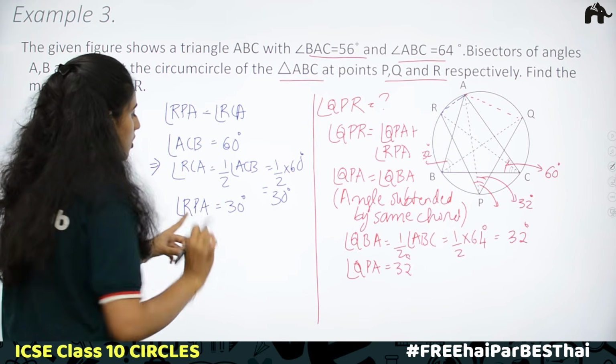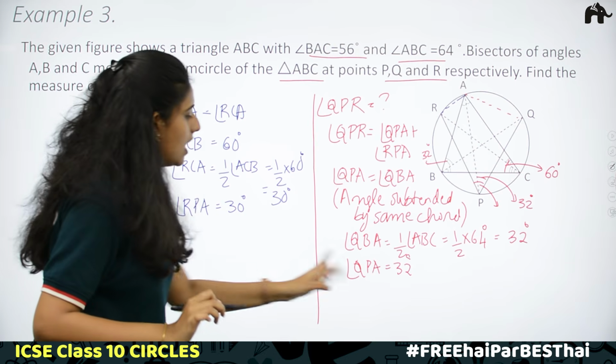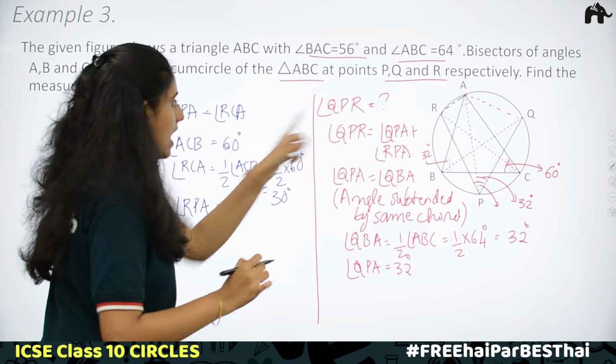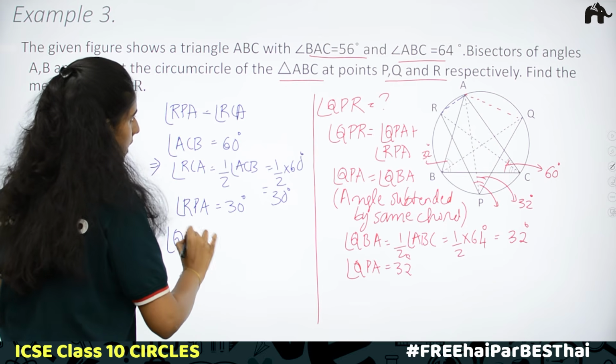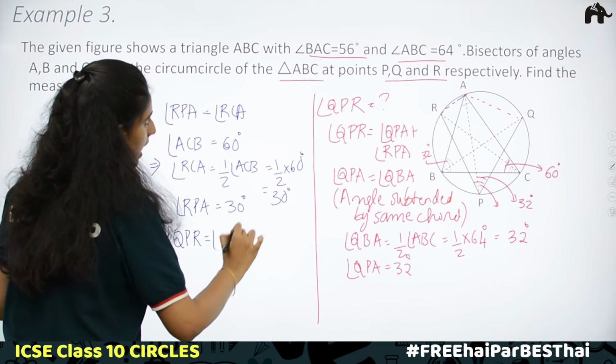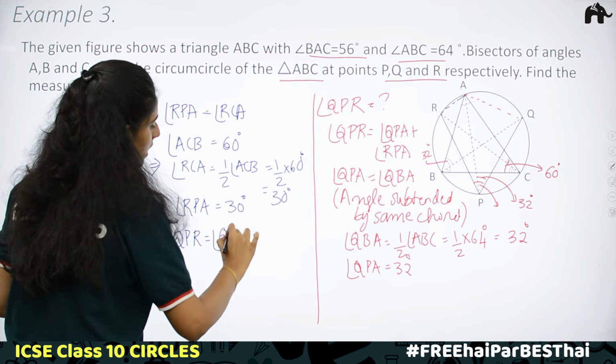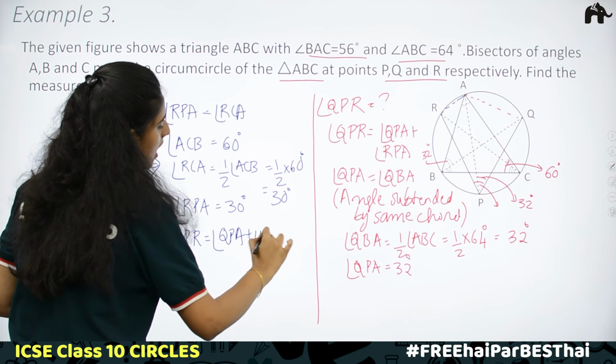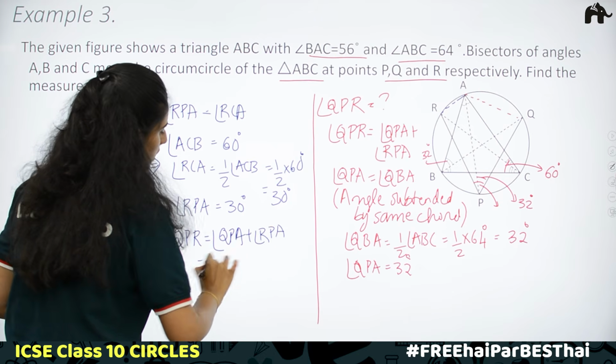So, we have got the values of RPA and QPA. Angle QPR is equal to angle QPA plus RPA. Now put the values.